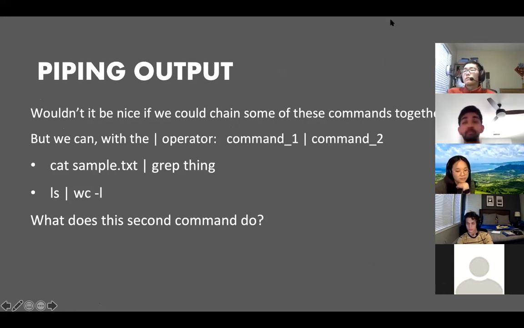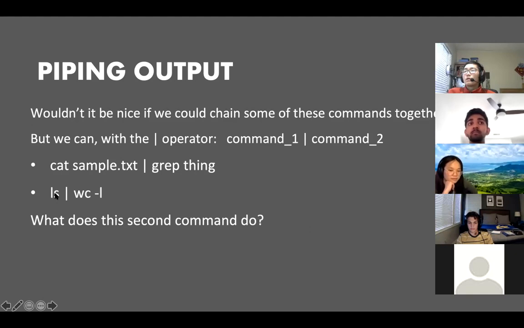We just have to use what we might be familiar with as the OR operator from before. And we can do that. I'll give a couple examples right here. So for instance, if I want to grep on a file, rather than actually providing sample.txt as an argument to it, what I can simply do is output sample.txt by using the cat command and then piping it directly into grep.